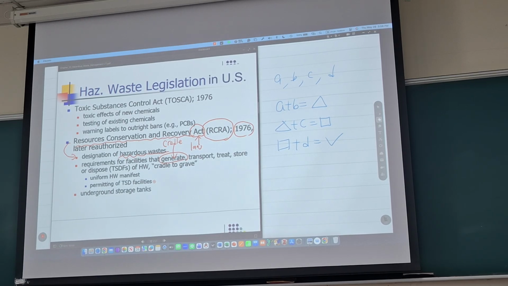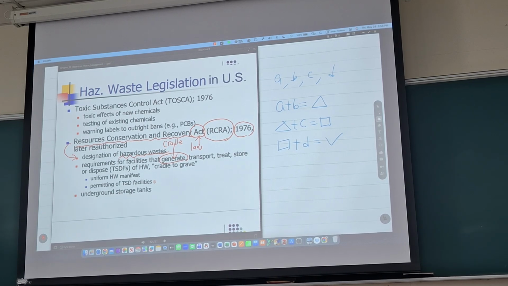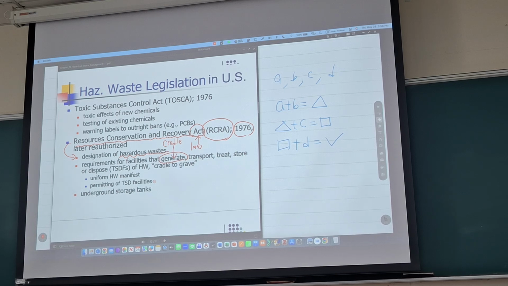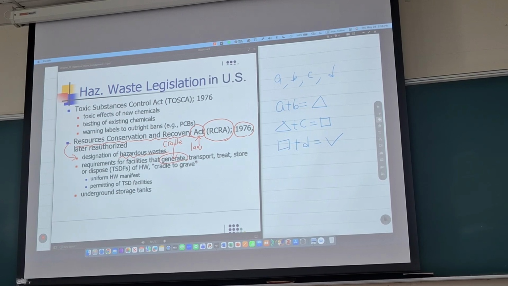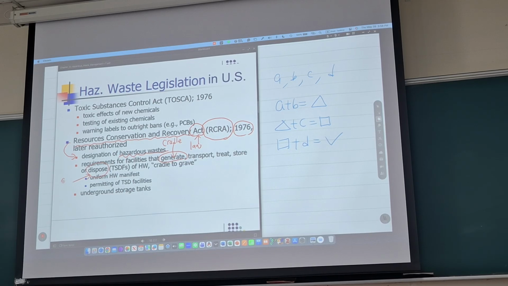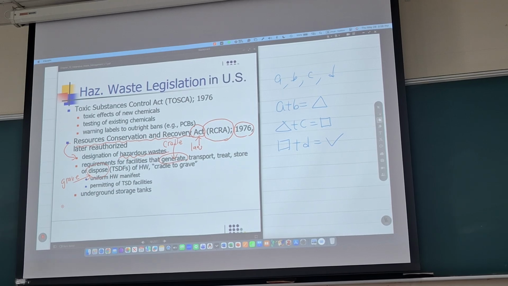After that, you can talk anytime. Generation is cradle, like a baby. From generation, teenager, adult, and stop when you get old, right? Dispose. So dispose is grave. Understand?